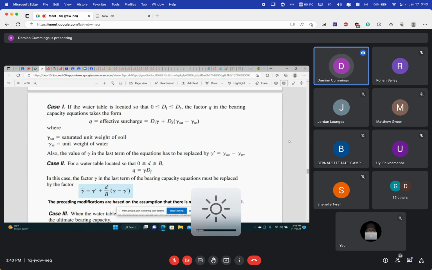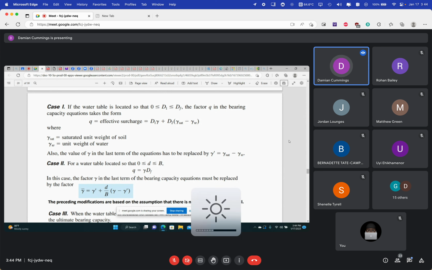That means the water table does not coincide with the bottom of the foundation, right? But is less than or equal to the breadth of the foundation. That distance down is less than or equal to the breadth of the foundation. Then Q can be taken as gamma DF, right?